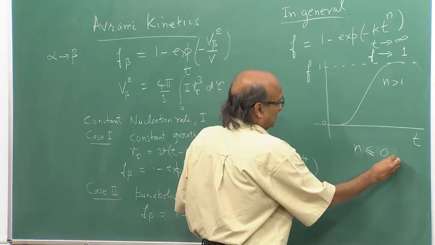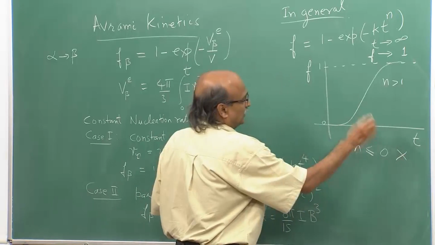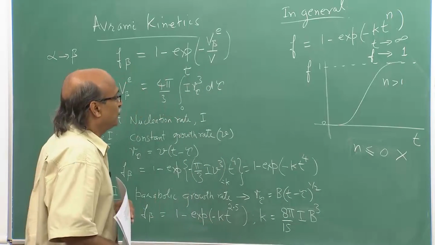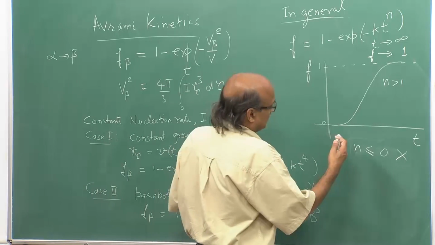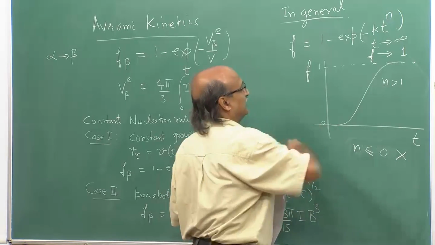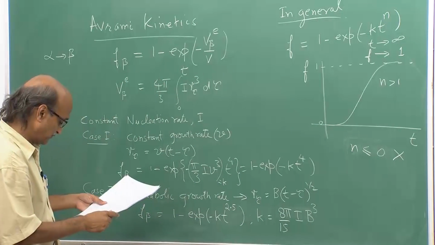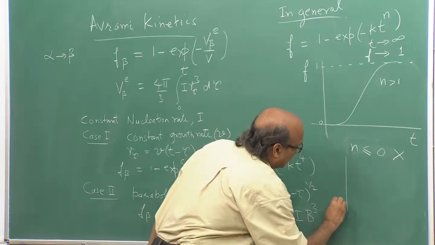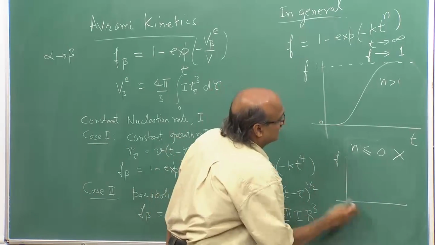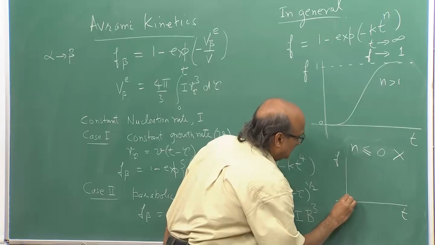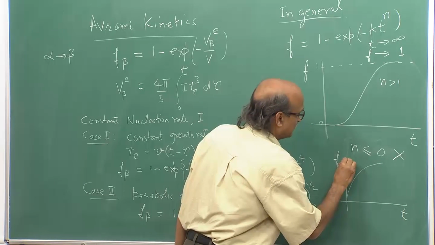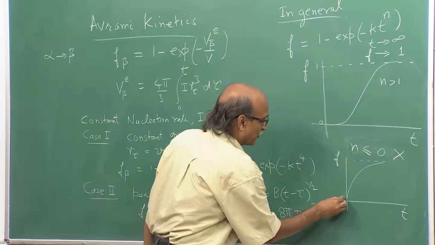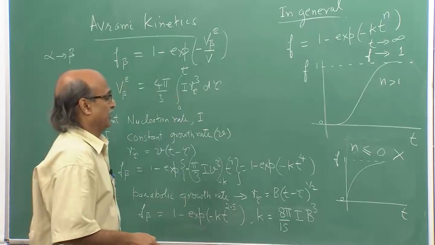Hence, for n less than or equal to 0, this relationship has no meaning. Between n greater than 0 and less than 1, this function looks like a continuously decreasing rate of transformation, but it will still go from 0 to 1.